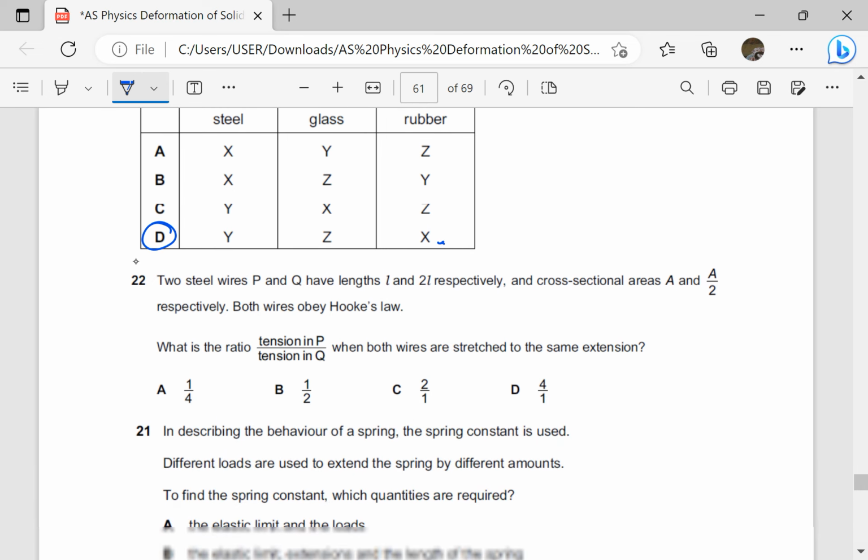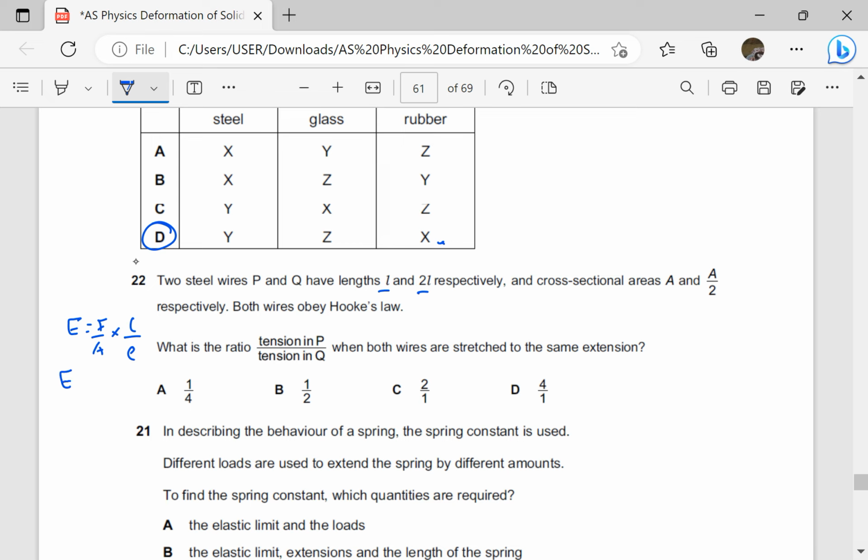Two steel wires P and Q have length L and 2L respectively, and cross-sectional area A and A over 2 respectively. Both wires obey Hooke's law. What is the ratio of tension in P over tension in Q when both wires are stretched to the same extension? We know that Young modulus is force over area times the original length over extension.